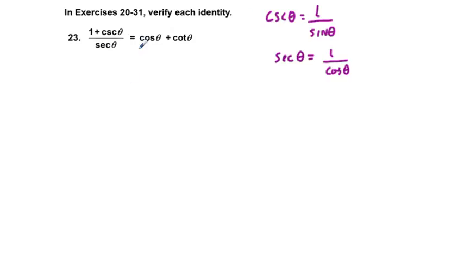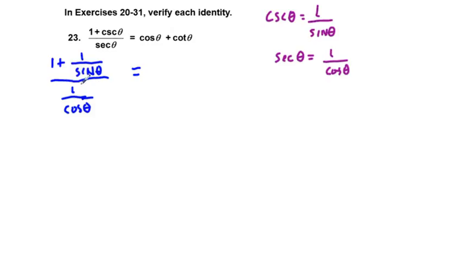And so rewriting, I'm just going to come down on the right side and just let that go down, just work on the left side. So now on the left side we have 1 plus, instead of cosecant theta, we write that as 1 over sine theta. And over, we have 1 over cosine theta. So we're trying to simplify this left side. Well, in simplifying, a lot of times we expand out to make bigger first.